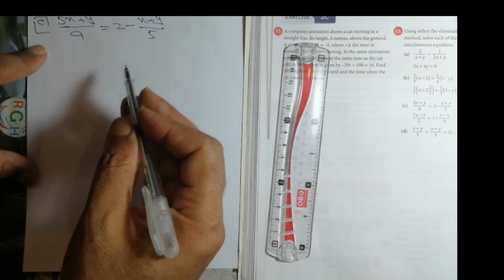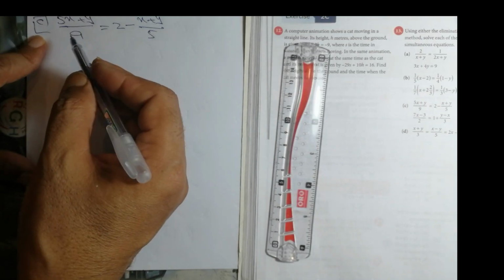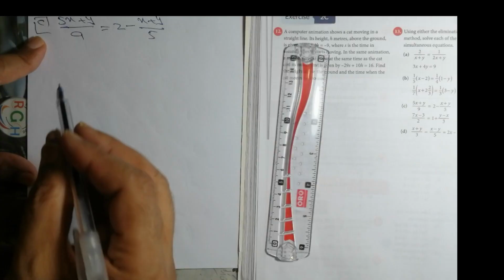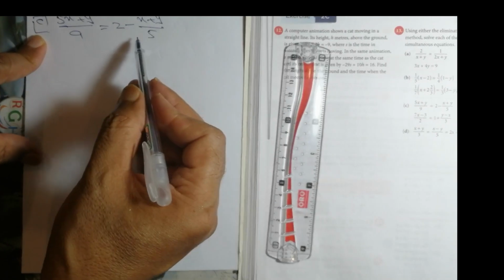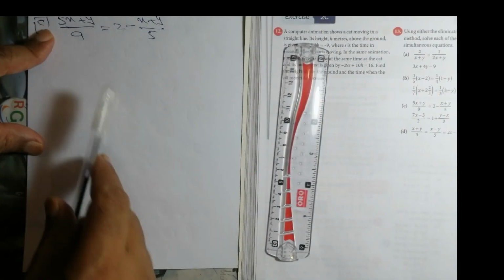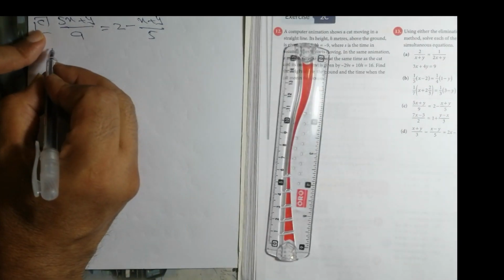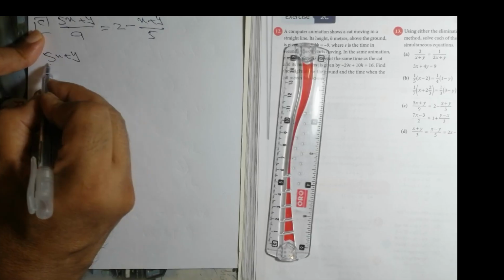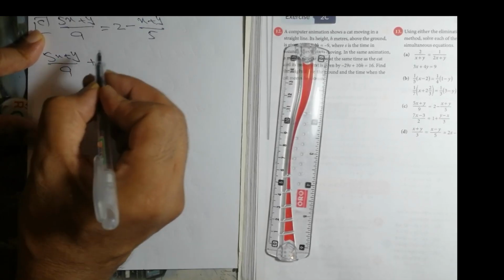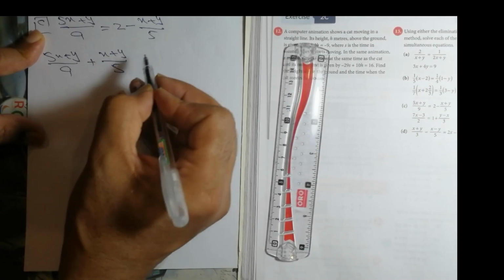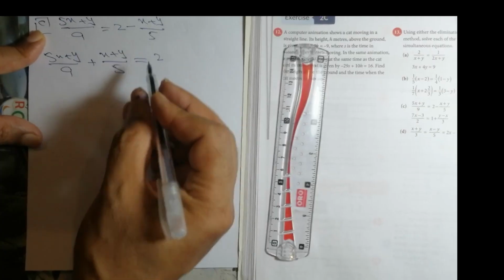So first arrange this equation, then we also need to arrange the second one. So here we can shift this term, variable terms, to the left side. 5x plus y over 9 and plus x plus y over 5 equal to 2.